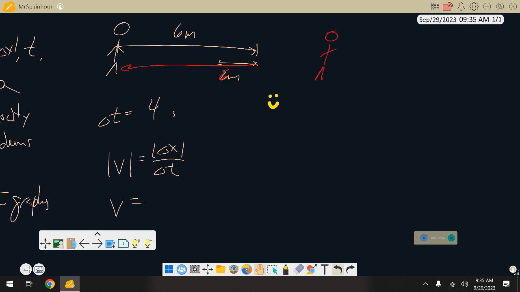But average velocity. For sake of simplicity in math, let's say that process took me 5 seconds. While Spainhour was doing that crazy thing, say there's a ghost Spainhour, video game-esque, that walks across the front of the room in 5 seconds.